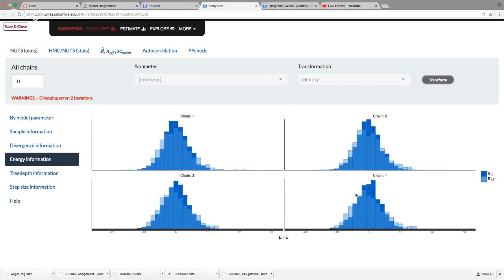So we have overlaid histograms here, and they look pretty similar, which is what you want to happen. So this is not a low Bayesian fraction of missing information problem. If the light blue and the dark blue were separated, that is going to tend to result in low Bayesian fraction of missing information. So you can see stuff about that.